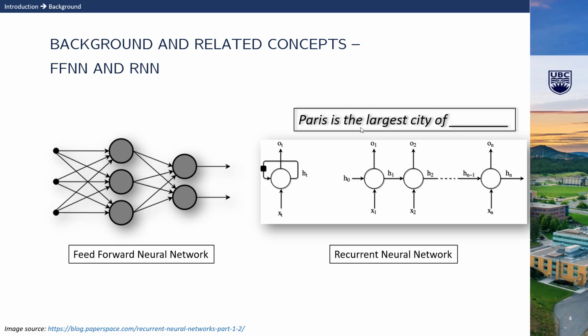Let's consider the given sequence. Paris is the largest city of blank. It is easy to fill the blank with France. This means that there is information about the last word encoded in the previous elements of the sequence or sentence. This is achieved by looping an output of the network at time t with the input of the network at time t plus 1.